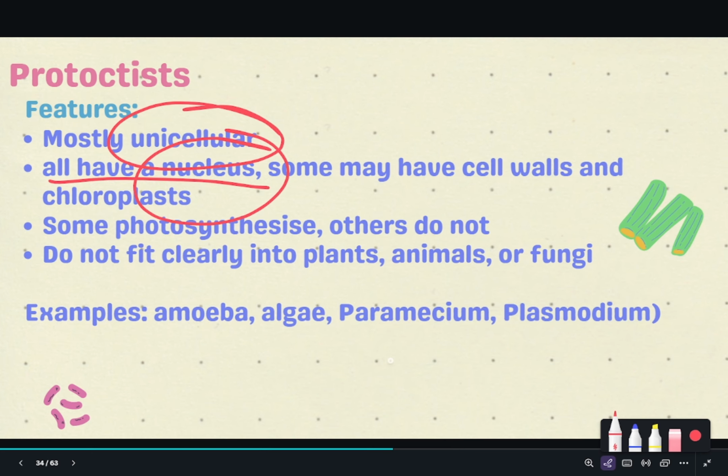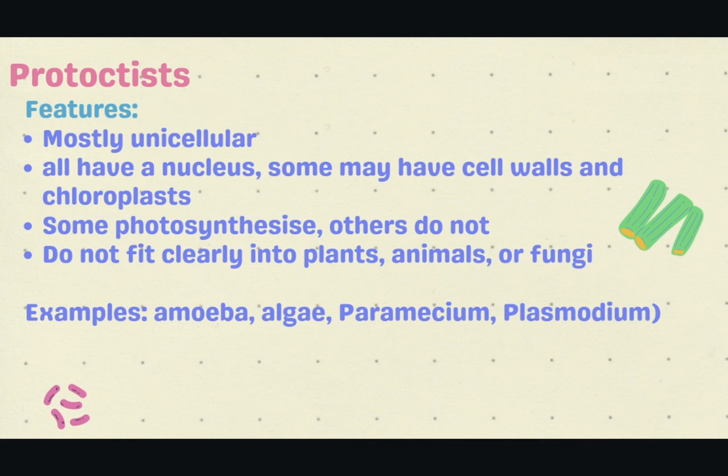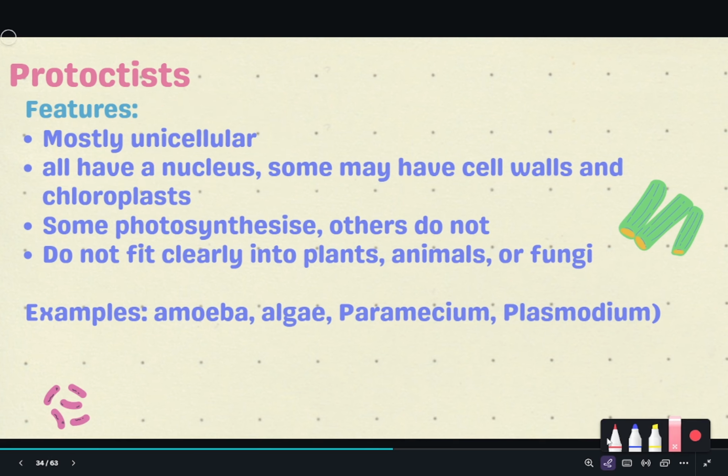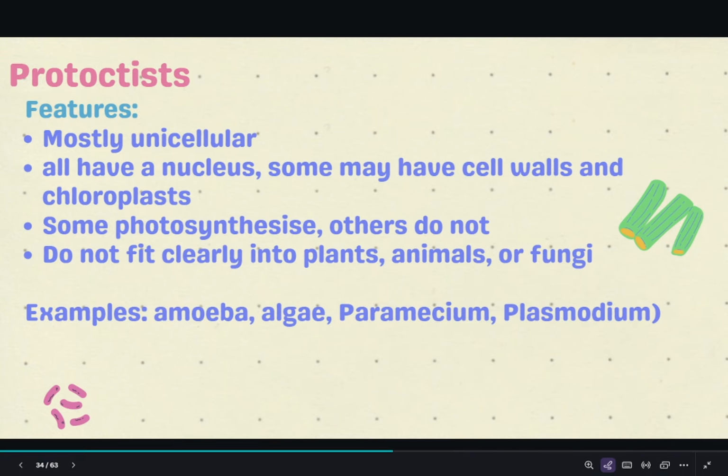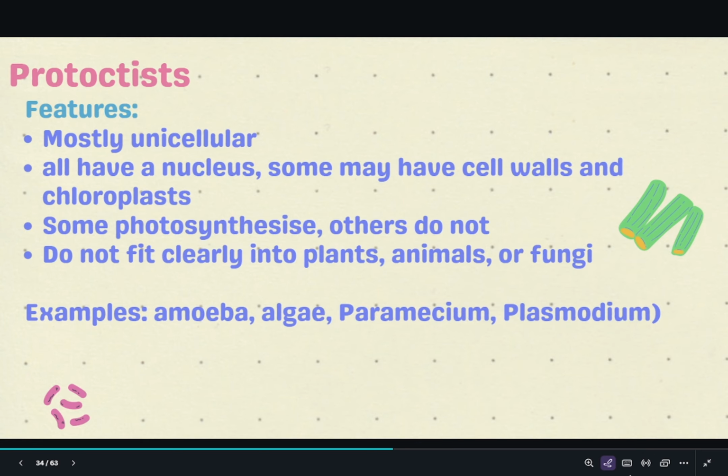So protoctists also have a nucleus, and one thing that is very unique to this kingdom, and the reason why we have separated these organisms from the other ones, is that some of them may have cell walls and chloroplasts.